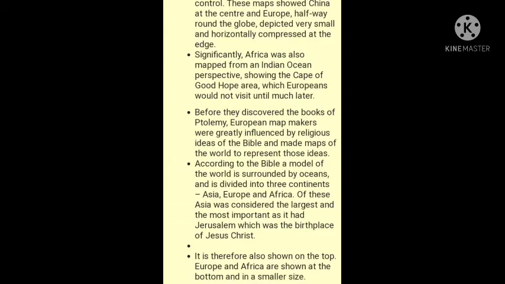Of these, Asia was considered the largest and the most important, as it had Jerusalem, which was the birthplace of Jesus Christ. It is therefore also shown on the top. Europe and Africa are shown at the bottom and in a smaller size.